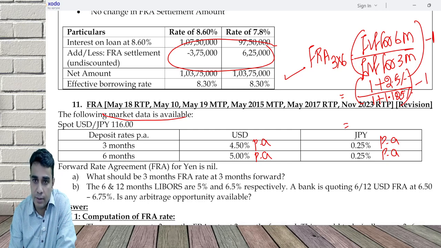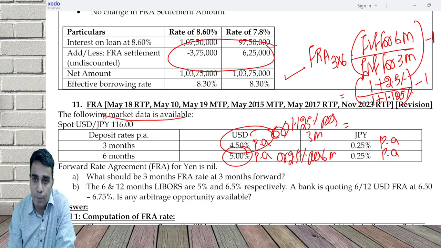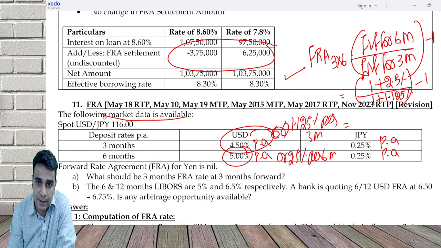Which part you did not get? 5 divided by 2 is per annum. 6 month is 2.5% per 6 month. 4.5% is per annum, or 1.125% per 3 month. You'll have to take the 6 month interest and 3 month interest.